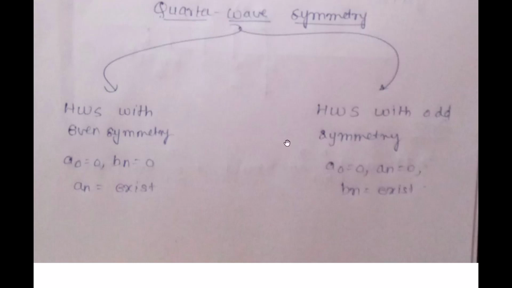Similarly, if it is a half wave symmetrical signal with odd symmetry, you know that odd symmetry means a0 and an are always equal to 0. Half wave symmetrical means that a0 is equal to 0. That means only my bn will exist.